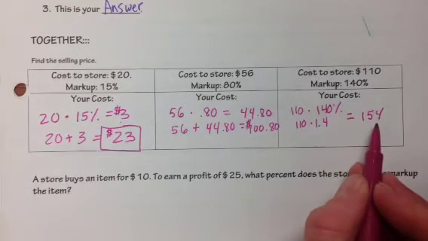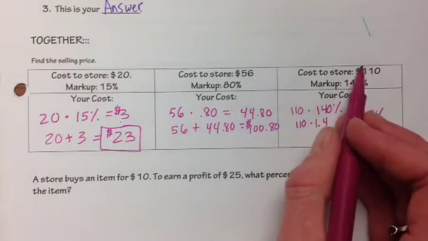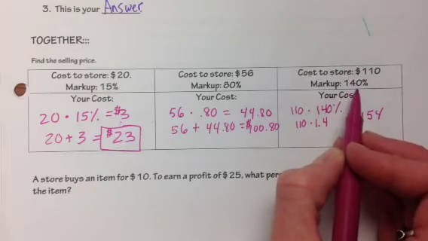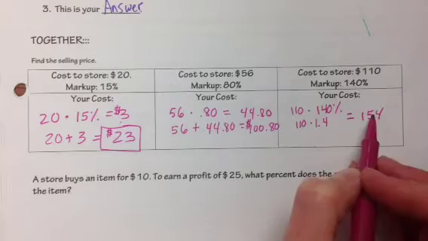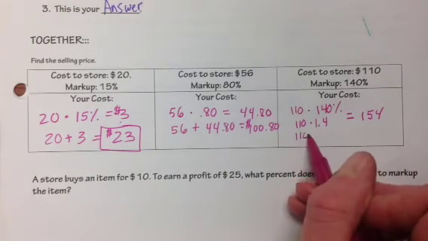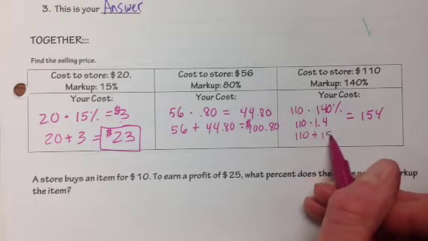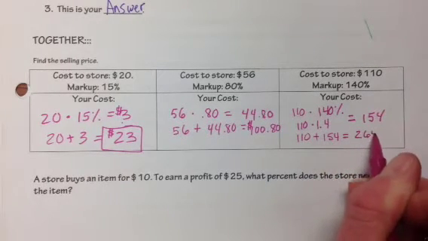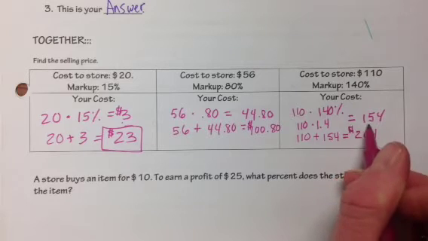Now, you know you've done this right because see how much it costs the store? And that means it has to be at least 110 because you're over 100%. And we are over that, so we can tell that it's correct. All right, so our cost would then be taking 110 and adding 154. And so the answer is $264 is what you will pay.